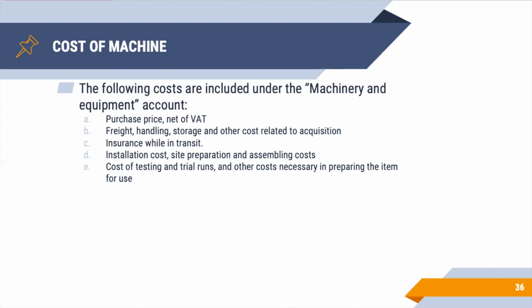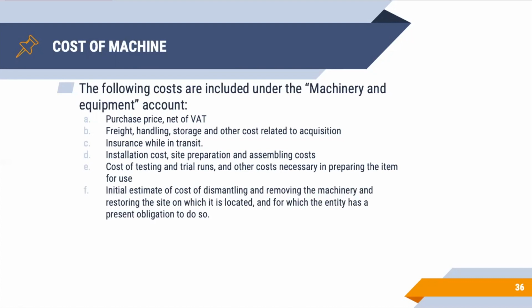Cost of testing and trial runs, and other costs necessary in preparing the item for use. Initial estimate cost of dismantling and removing the machinery and restoring the site on which it is located, and for which the entity has a present obligation to do so, either under a contract or under legal requirements.